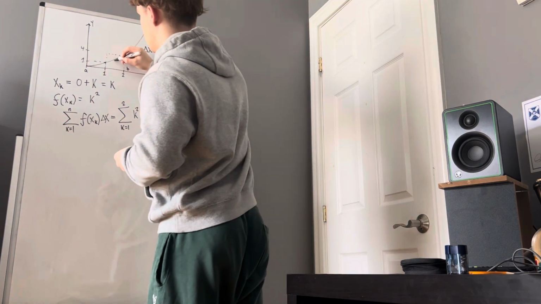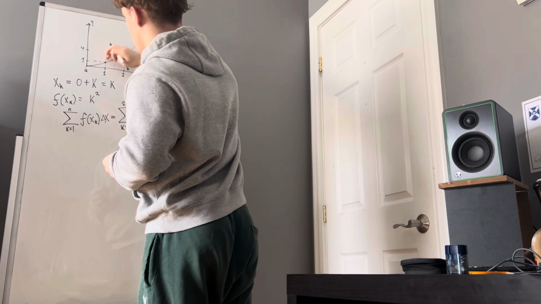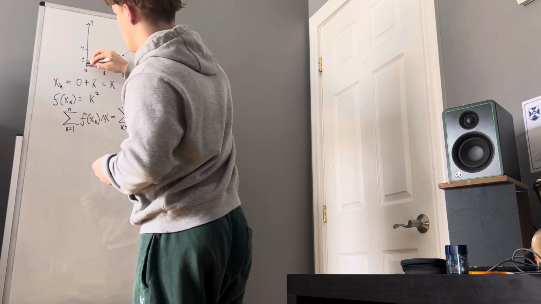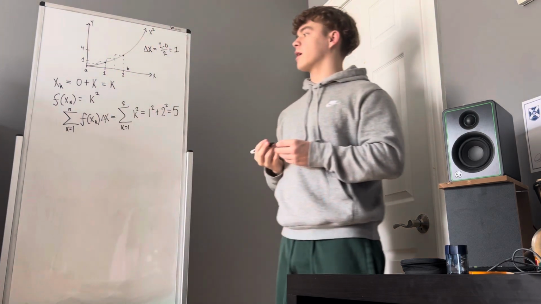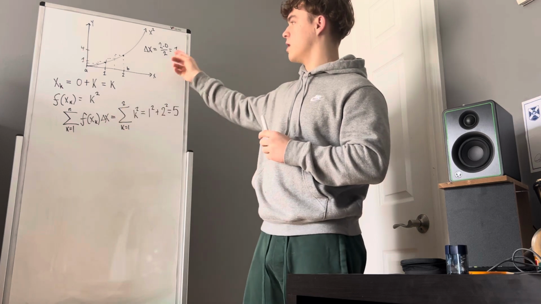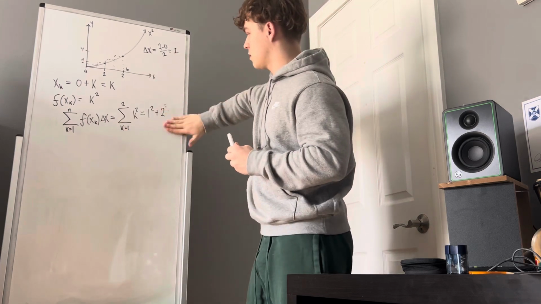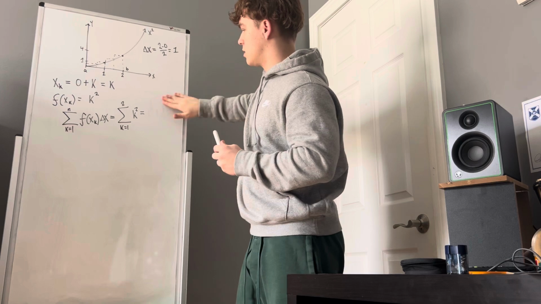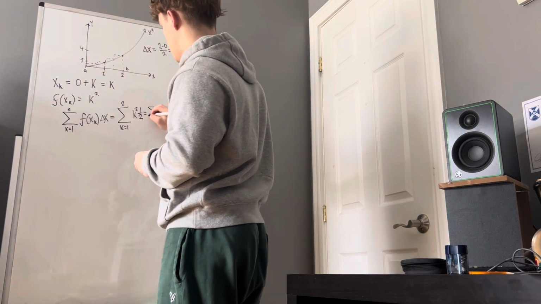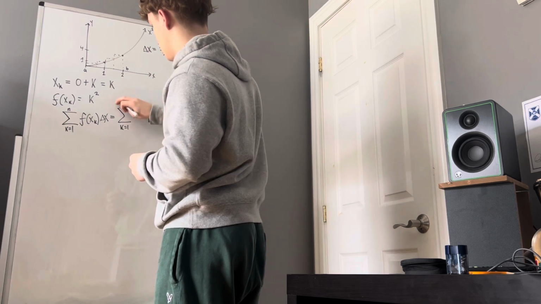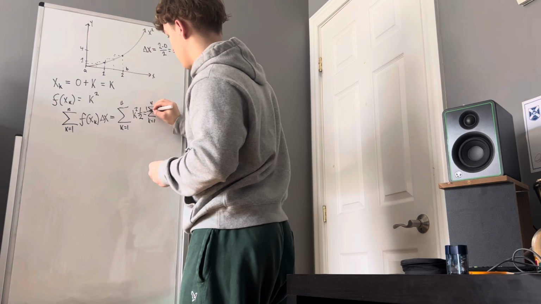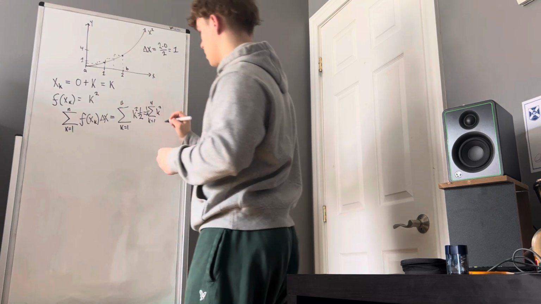What if we wanted to make this more accurate? Well, we'd split it into 4 rectangles. Let's do that. Four rectangles. So that'd be the sum from k equals 1 to 4. Our delta x would then become 1/2. Let's see here, k squared times 1/2, which is the same as sum from k equals 1 to 4. Since we have 4 rectangles, we can bring the 1/2 out front of k squared.